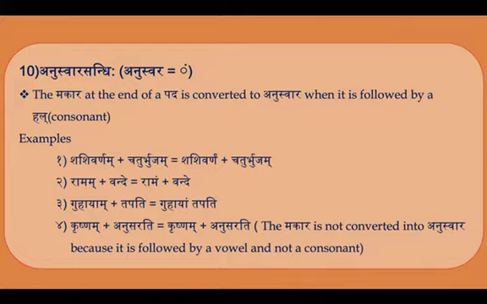But when a Hal letter is following, it takes the form of a dot above the letter. For example, Shashi Varnam plus Chaturbhujam. Here Cha is following the Makara, so it becomes Shashi Varnam Chaturbhujam. The M has become a dot here.